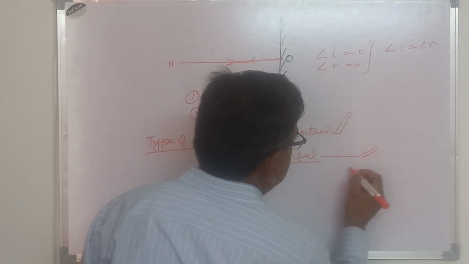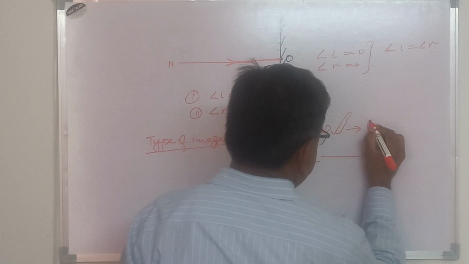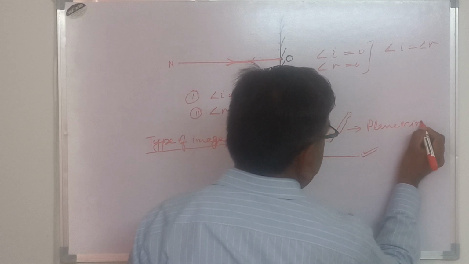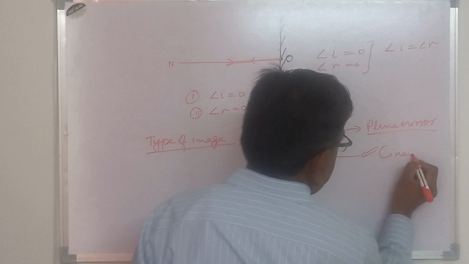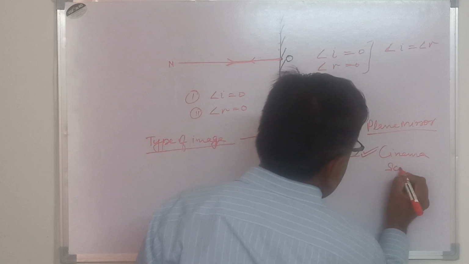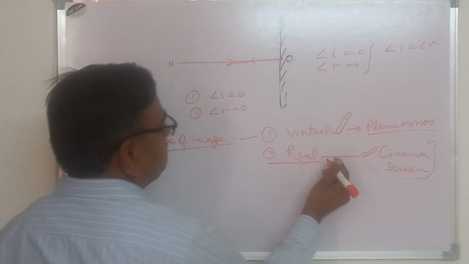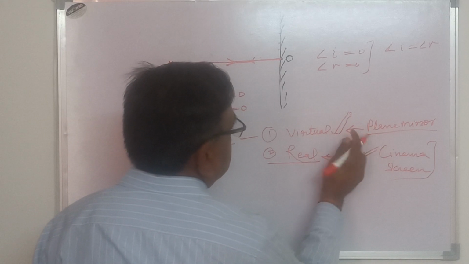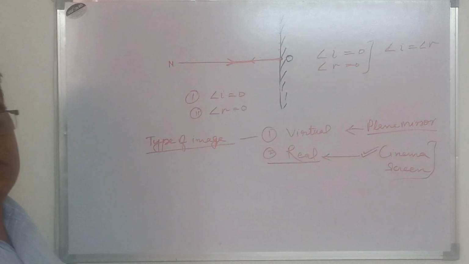Real images on a cinema screen. सिनेमा स्क्रीन पे रियल इमेज होगी और प्लेन मिरर पे ये होगी वर्चुअल इमेज.